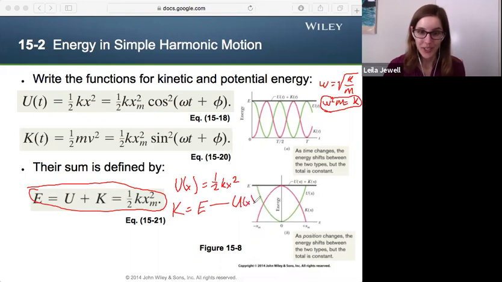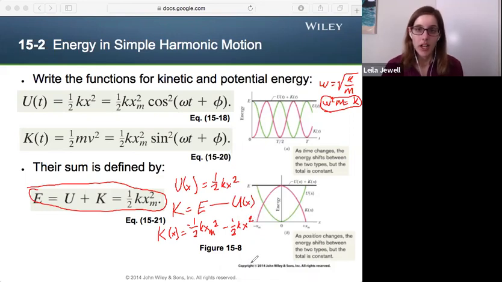So we can then plug in that our kinetic energy as a function of x is equal to this constant that's set by the total mechanical energy, which is just our 1/2 k x_m squared, and then minus U as a function of x, so minus 1/2 k x squared, where x is a variable. And so that gives you how kinetic energy depends on position.